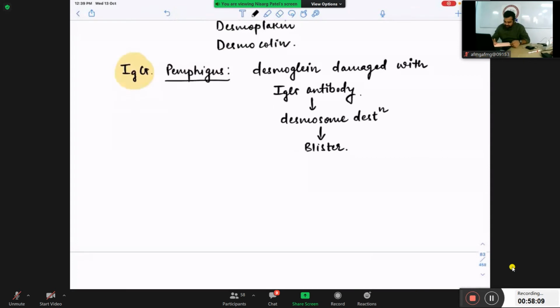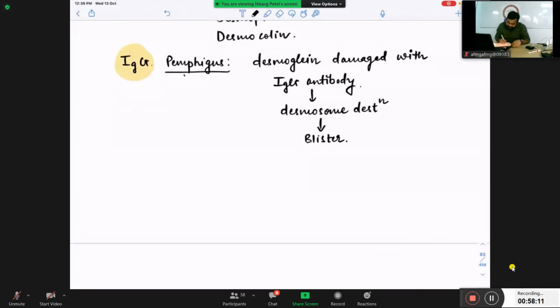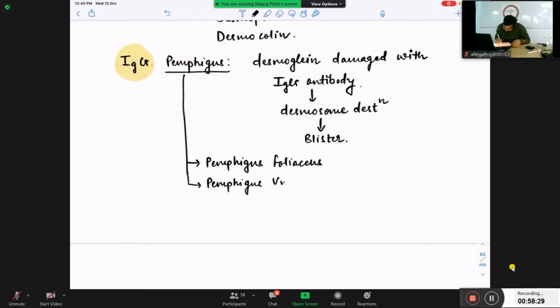Patient will develop blister. These IgG pemphigus can be of two varieties: pemphigus foliaceus and pemphigus vulgaris.